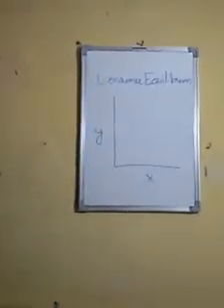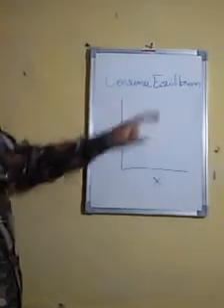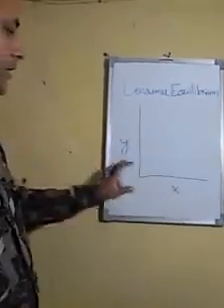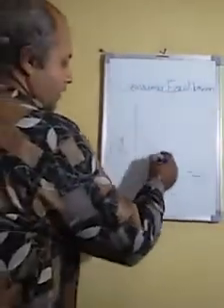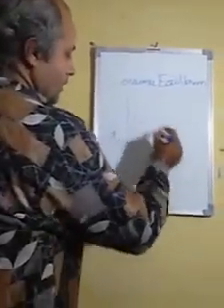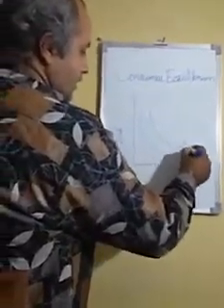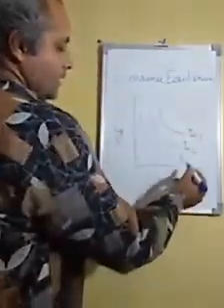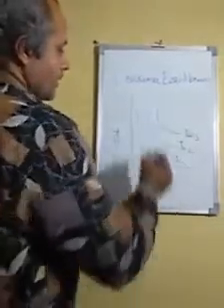So students, as you are seeing on my whiteboard, I have drawn two axes, x and y. This is good x and this is good y. Now I am drawing three IC curves: IC1, IC2 and IC3.